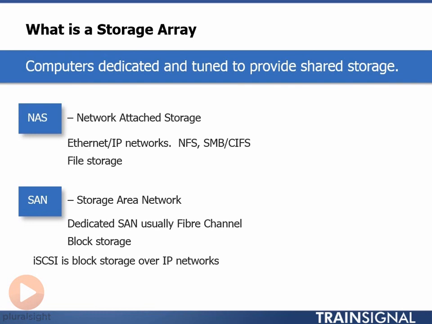SAS1, or the first generation of SAS, is capable of transferring up to 3 gigabits per second, whereas the newer SAS2 is capable of up to 6 gigabits per second, and the uber new SAS3, 12 gigabits per second. Obviously, interconnect technologies and cables like SAS that offer higher speeds and higher rates of data throughput give better performance, but a system can only perform as quickly as its slowest component.